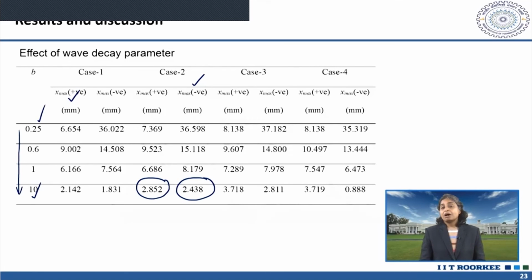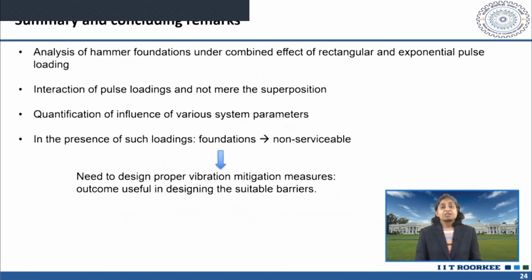So, this is how we saw that various input parameters influence the response of the soil foundation system under the combined action of two different types of pulse loading, where one pulse loading has a positive as well as a negative phase.